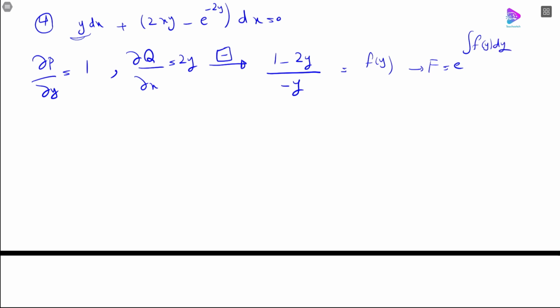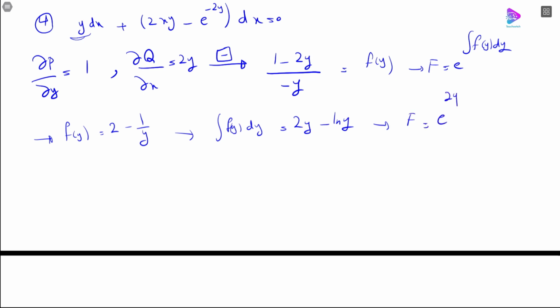So from here we can say f(y) is equal to 2 minus 1 over y, and therefore the integral of f(y) dy is equal to 2y minus ln y, and from here f is equal to e to the power of 2y minus ln y, or e to the power of 2y over y.